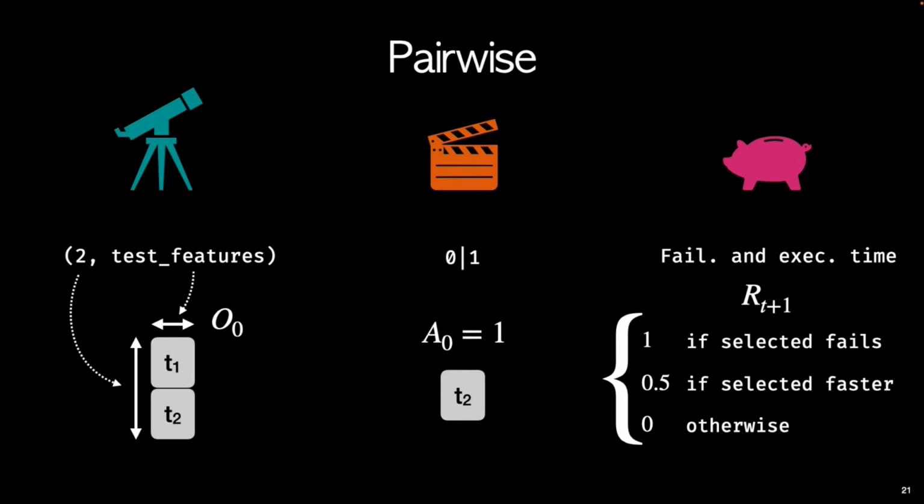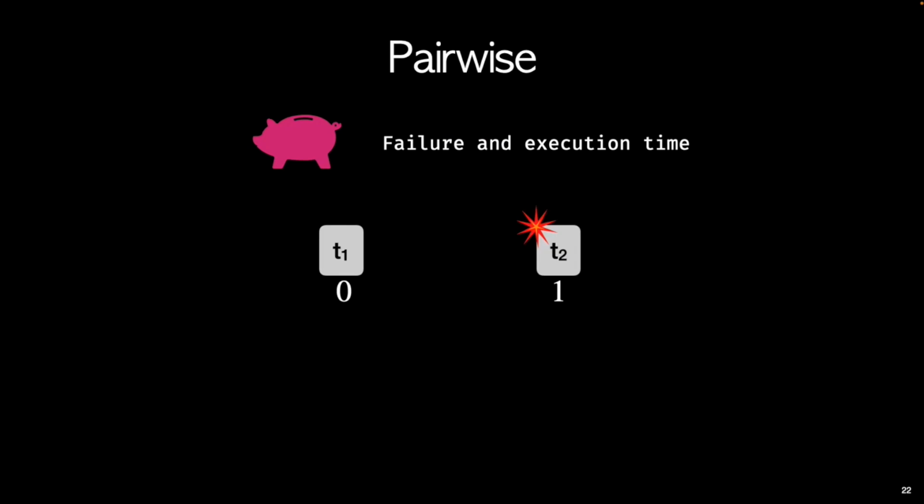It also gives a score of 0.5 if instead we select a test case which is faster than the one that we don't select, and 0 points in all the other cases. So, for instance, let's assume that T2 fails and T1 doesn't, so the reward is 1 in the next time step.